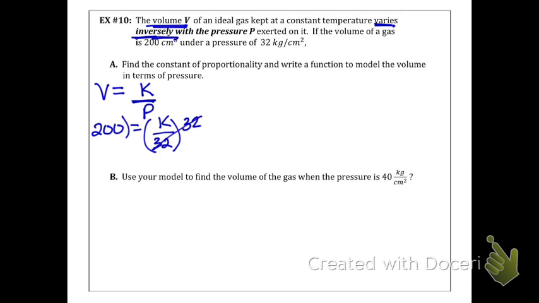So multiply by 32, and we get k equals 6,400. All right, so then our equation there will be V equals, we know K is 6,400 divided by P.